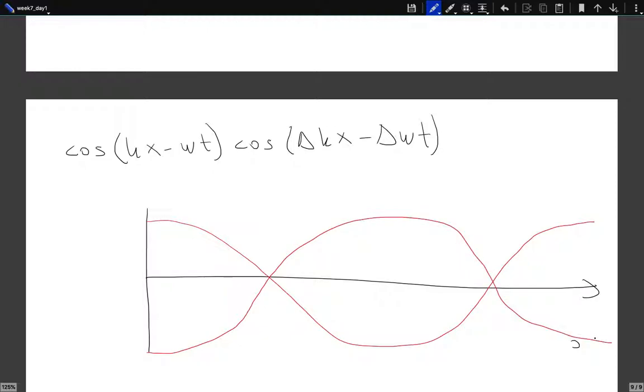This is what's called the envelope. You see, the product is always less than this one, because the product is multiplied by this cosine whose absolute value is less than 1. So my wave function is always within these bounds. So my full wave function is this one.